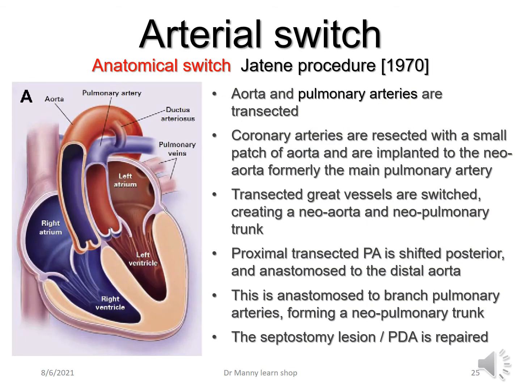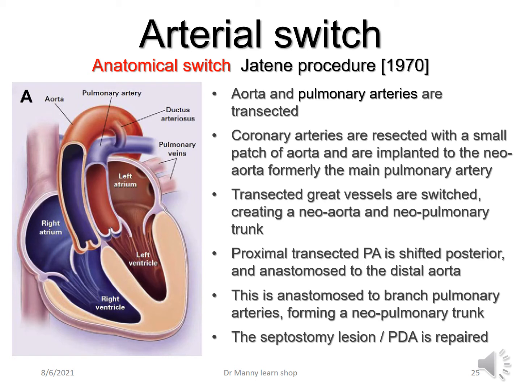Then you've got the arterial switch, which is referred to as the anatomical switch or the Jatene procedure. This is where the aorta and the pulmonary arteries are transected. The coronary arteries are resected with a small patch of aorta and are reimplanted into the new aorta, formerly the main pulmonary artery. So the pulmonary artery becomes the new aorta.